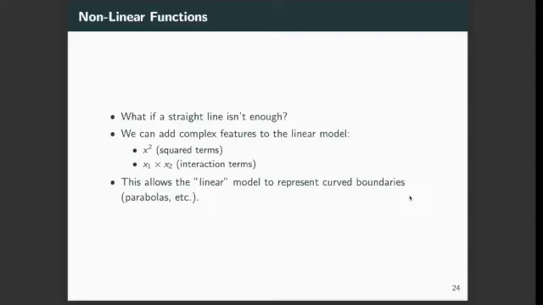So we can always add complex features, like we can take the square of x, or we can add in interaction terms, for example x1 multiplied with x2, and from these interaction terms we get what we call synergy effects, and this will allow the linear model to represent a curved boundary, for example a parabola, which is not a straight line but instead more like a curve.